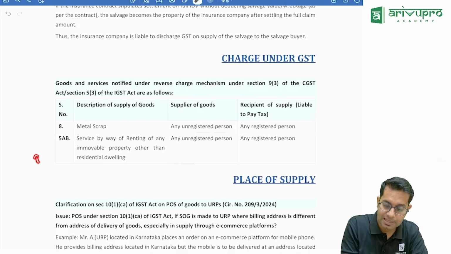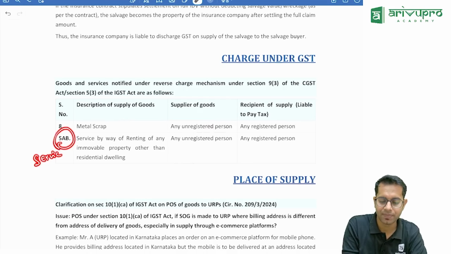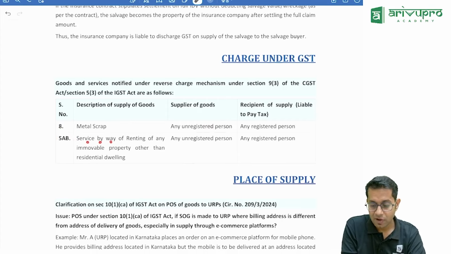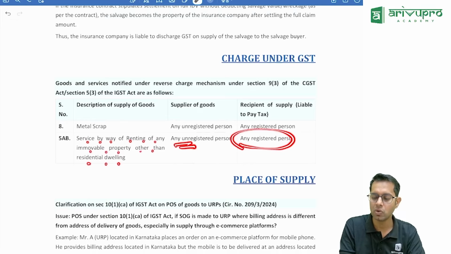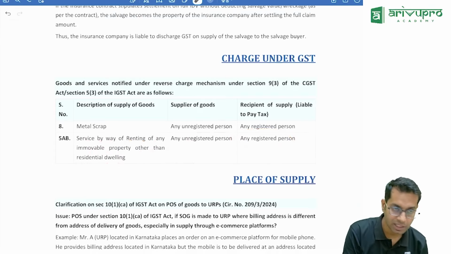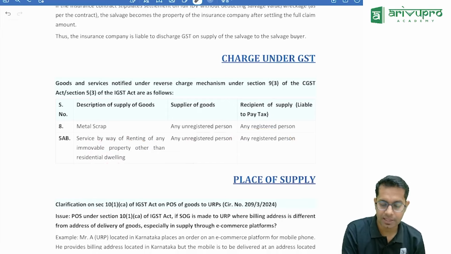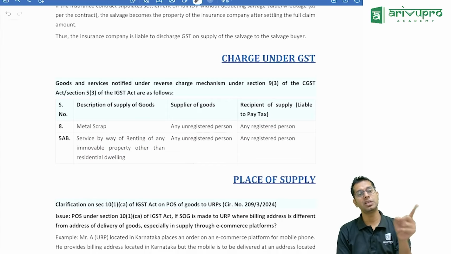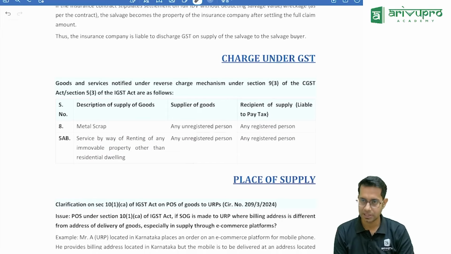Similarly, there is a service also which has been added. 5B: Services by way of renting of any immovable property other than residential dwelling by an unregistered person to a registered person. Please note, we have studied one more point similar to this, called services of renting of residential dwelling to a registered person.